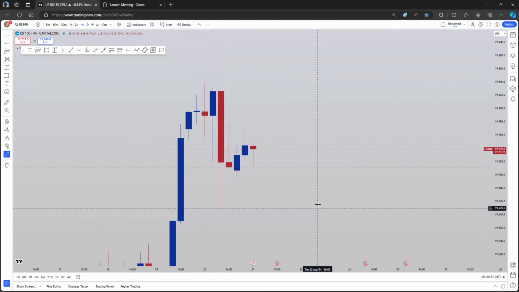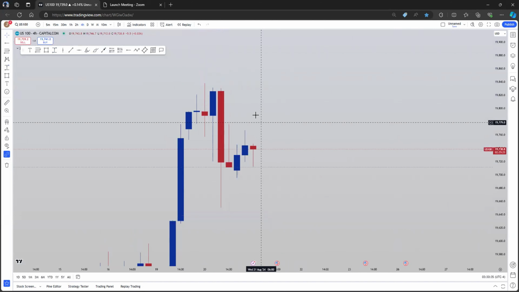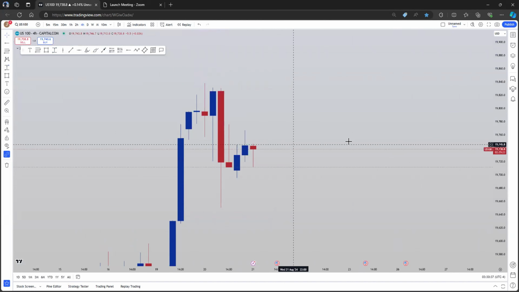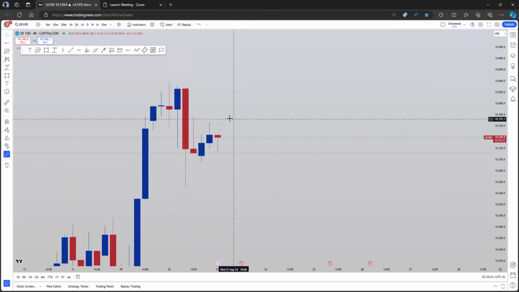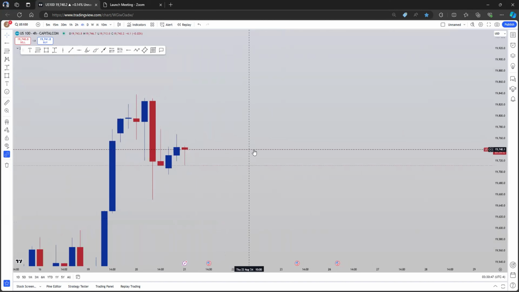But now, what can potentially happen over the course of today? It is currently the London session, and I am expecting the London session to have some sort of a push towards the upside before having that shift back to the downside.